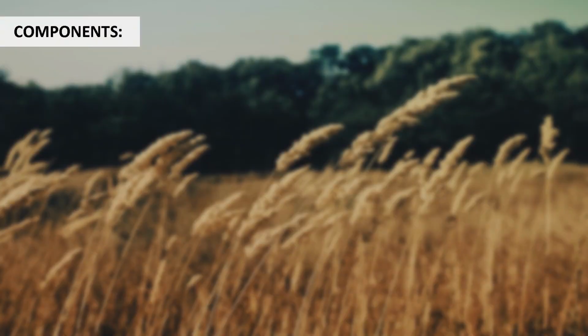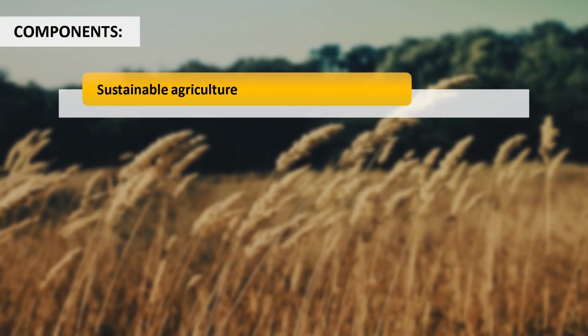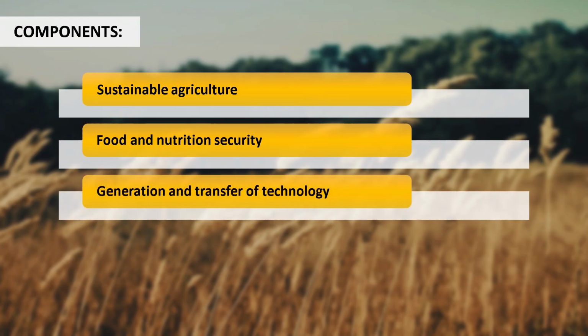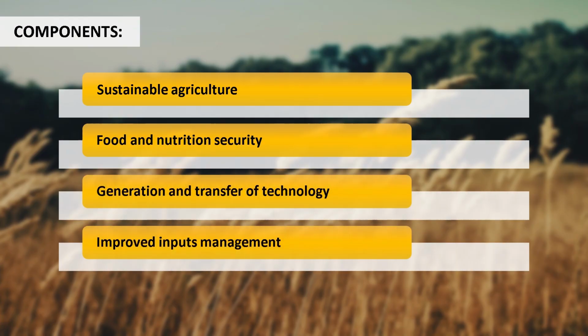And various components were identified in the national agriculture policy, like sustainable agriculture, food and nutritional security, generation and transfer of technology, then bringing input management by checking spurious supplies, improving the supply, bringing protection to plant varieties, promoting integrated pest management.